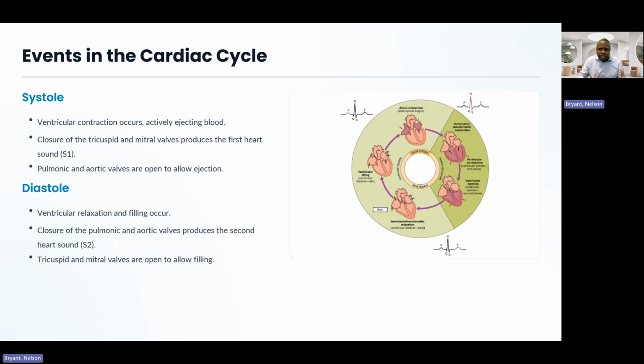And then diastole is the period of ventricular relaxation and filling, which is marked by S2 heart sounds when the semilunar valves close. You are very familiar with these events in the cardiac cycle. And S1, S2, those are the normal heart sounds.